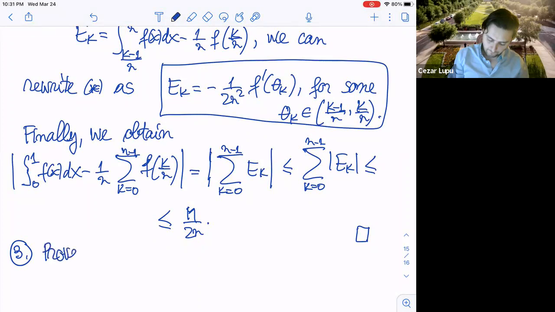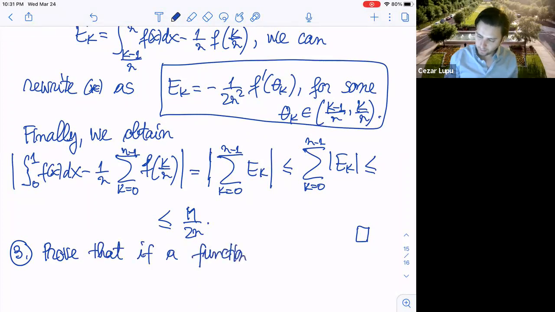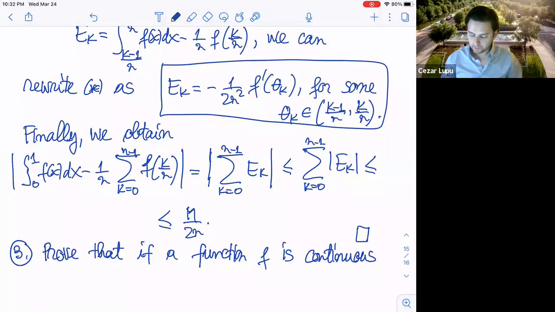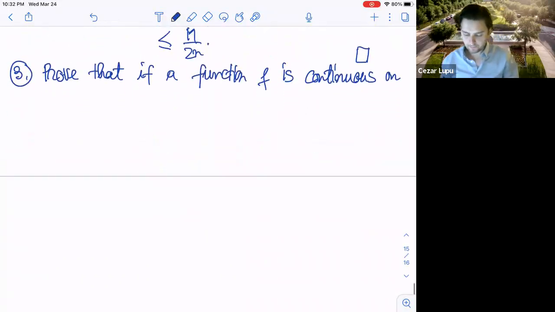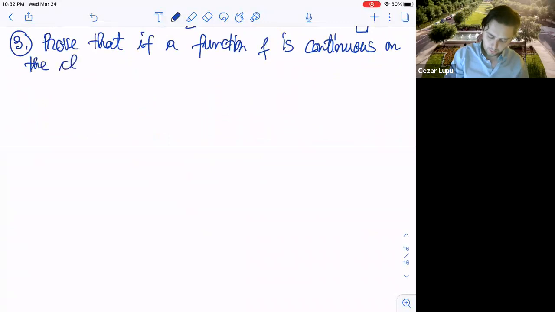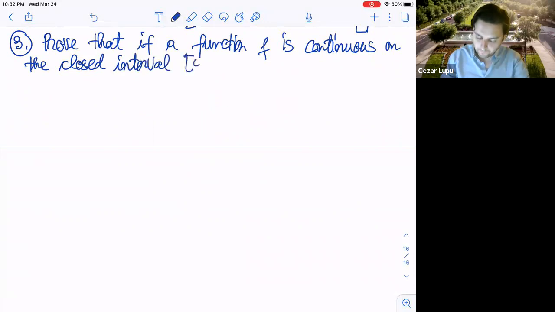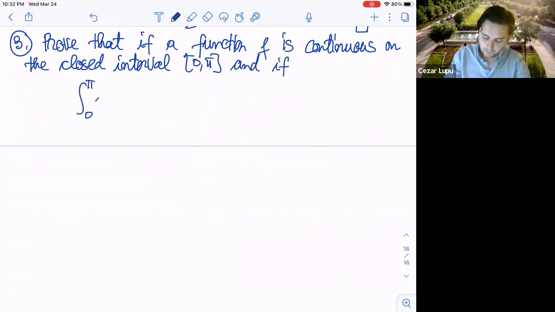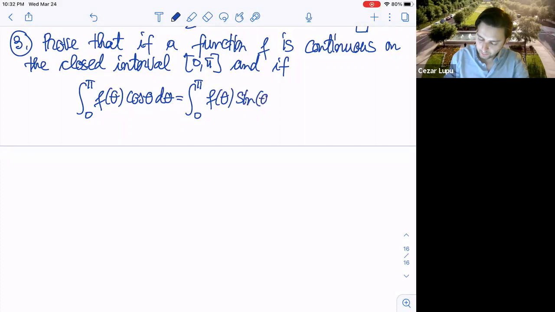Prove that if a function f is continuous on the closed interval 0 pi, and if the integral from 0 to pi of f of theta cosine of theta d theta is the same as the integral from 0 to pi of f of theta times sine of theta d theta, and moreover these two are equal to 0, right?